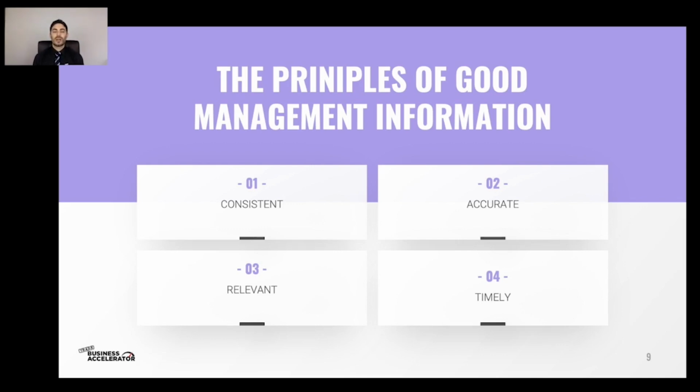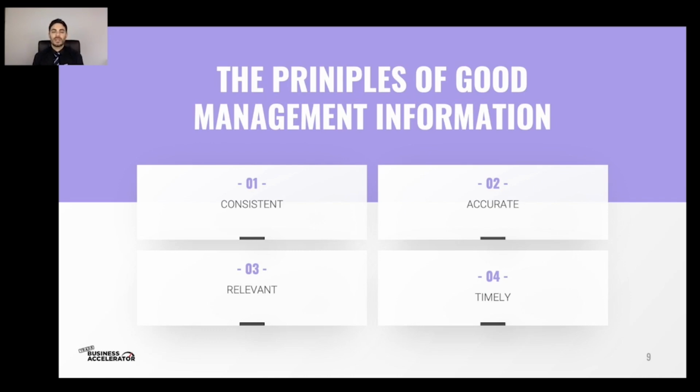When it comes to management information, it's important that we're working with correct information. So we need to make sure that we understand the principles, and the principles are, firstly, it needs to be consistent in the way that it's collected. We need to ensure that we're consistently putting information into our system and it's harvested in the correct way.